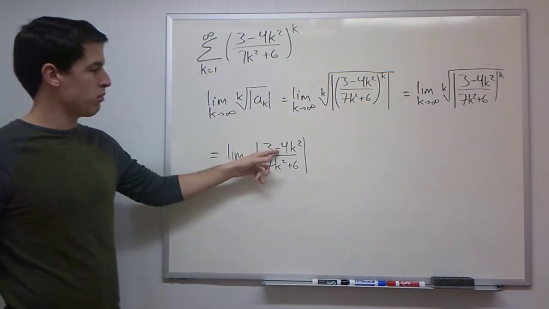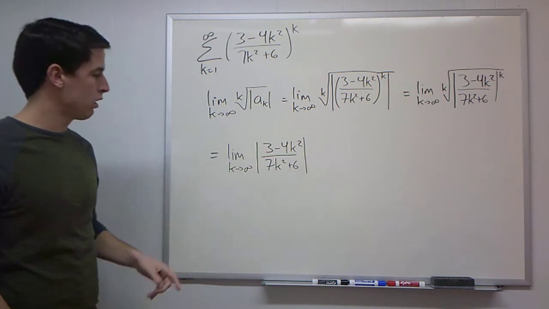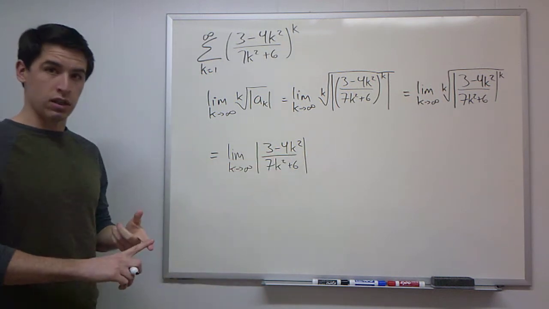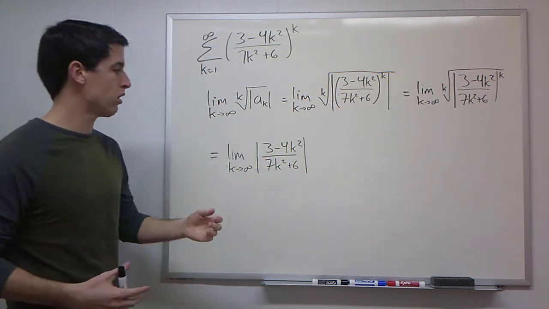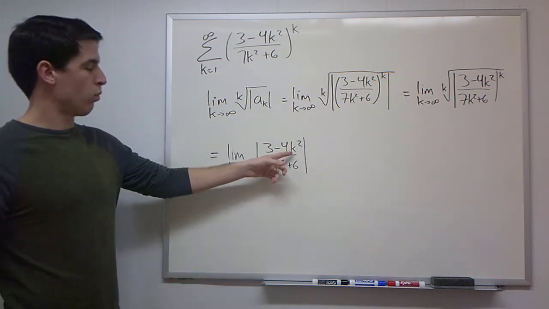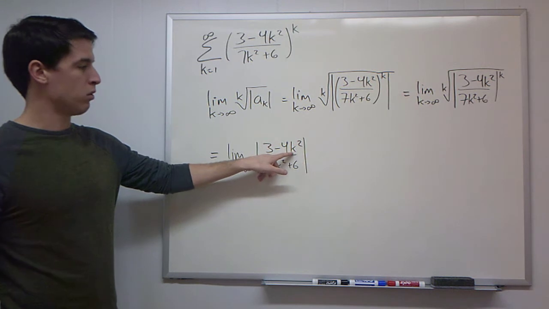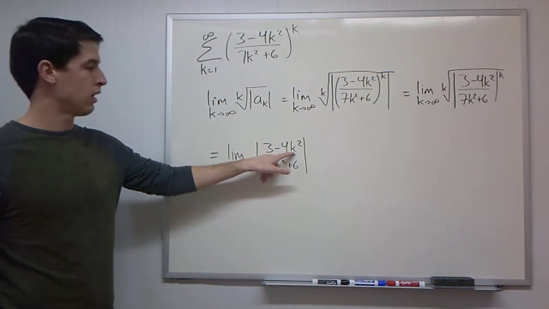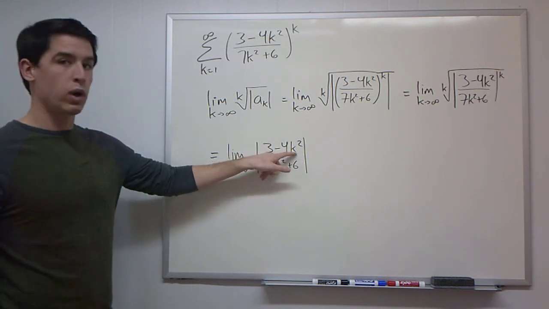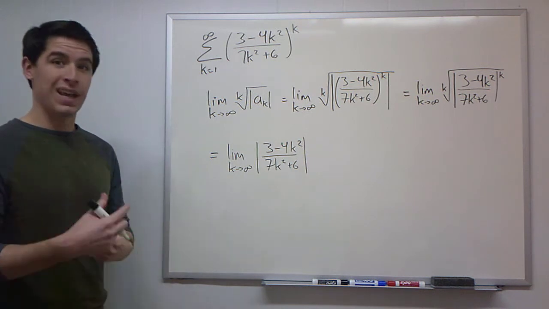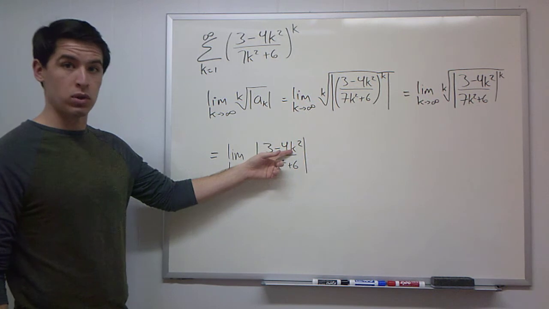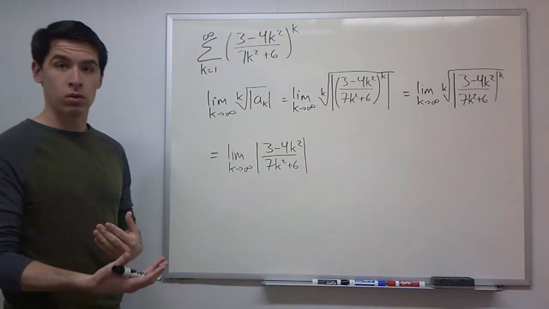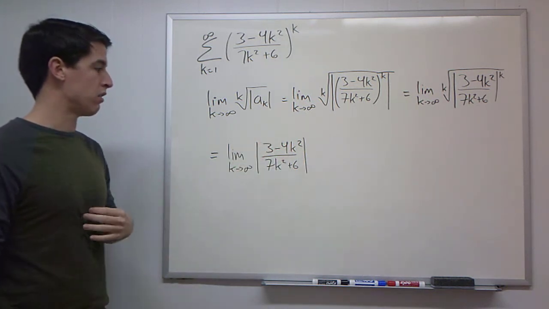But now my 3 minus 4k squared, since k is just a positive integer starting at 1, 2, 3, 4, and so on, when I plug any of those values in for k, 3 minus 4k squared will be negative. When k is 1, I'll get 3 minus 4 times 1 squared, so just 3 minus 4, which is negative 1, and so on.